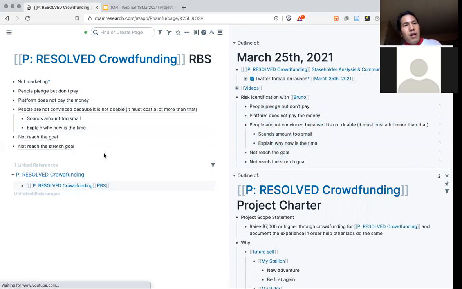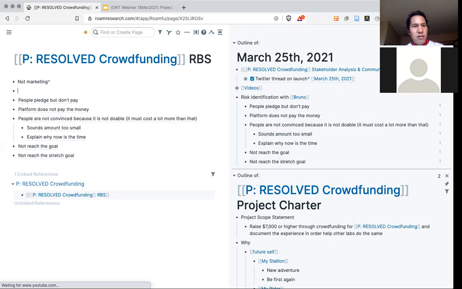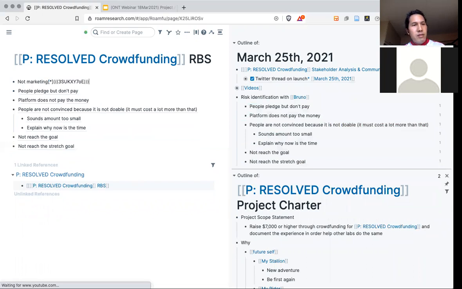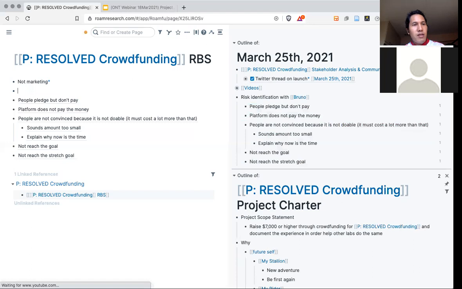So now let's see if we could categorize these risks. I would categorize these as financial risk. Financial, that's correct.